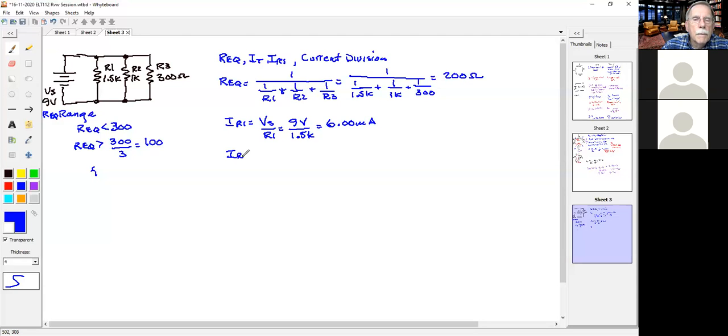IR2 is going to be VS over R2, 9 volts divided by 1K, which is 9 milliamps.